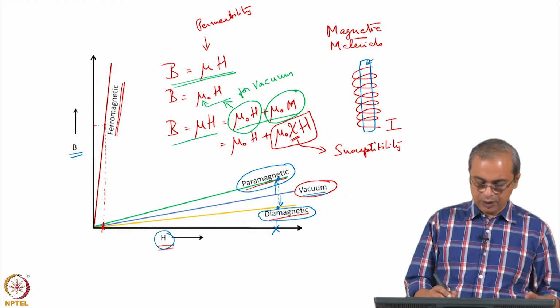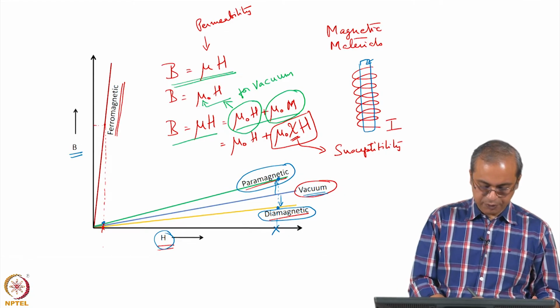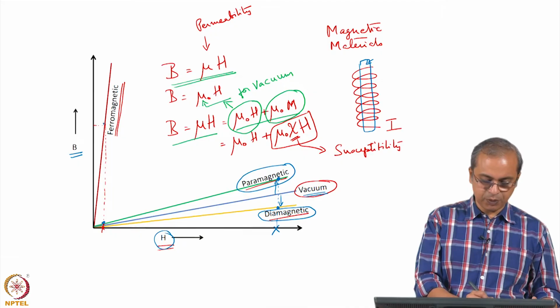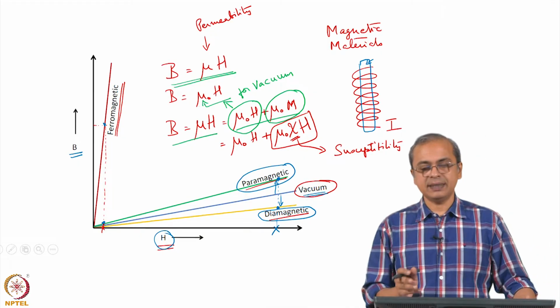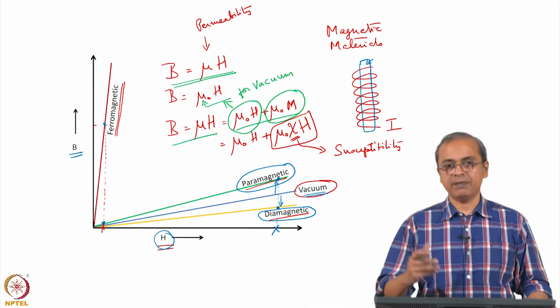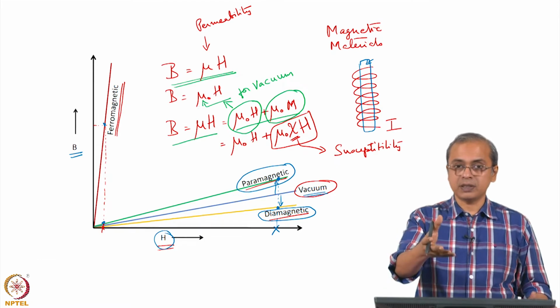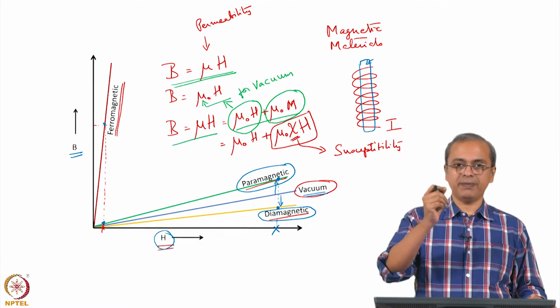You can see that we are getting only a very small response from the paramagnetic material, but you are getting a massive response from the ferromagnetic material. So, in one sense the ferromagnetic material is very convenient to us. If you are trying to switch on something and switch off something, you want the switch to be a very clear switch.